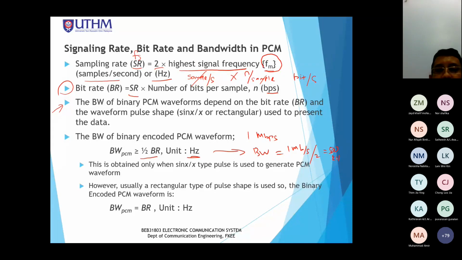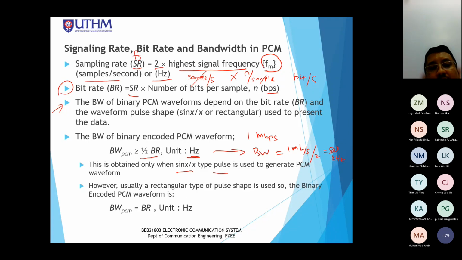So this is the minimum bandwidth for PCM. The minimum bandwidth is obtained only when we use a sinc function pulse during the sampling process.